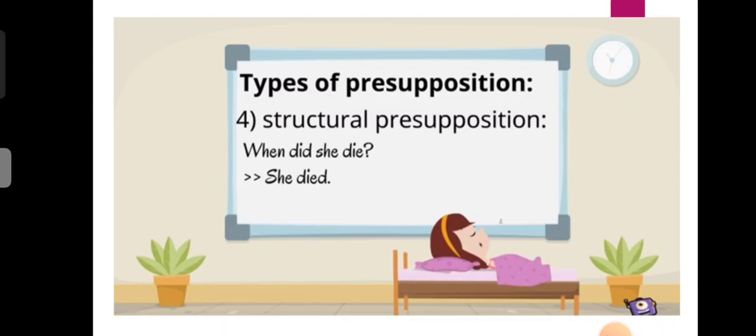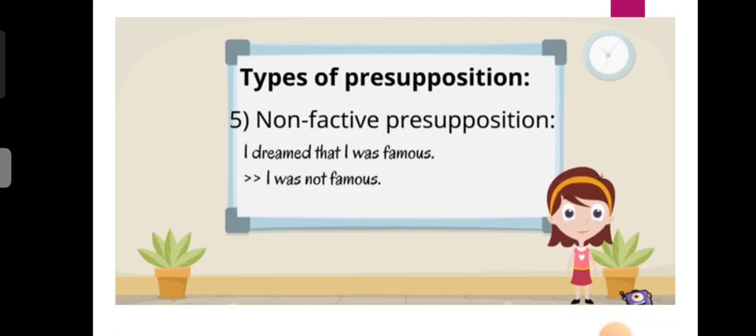For example, with a question, this kind of presupposition is called structural presupposition. So when we ask, when did she die, we suppose that the information given in the question is necessarily true. So she died.